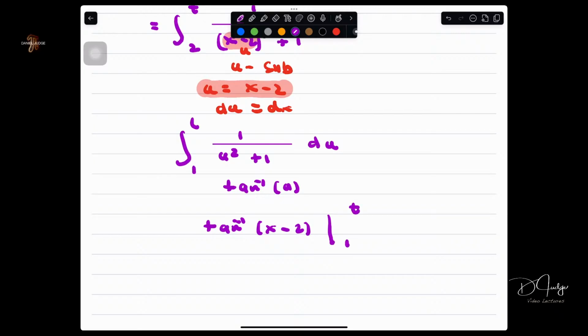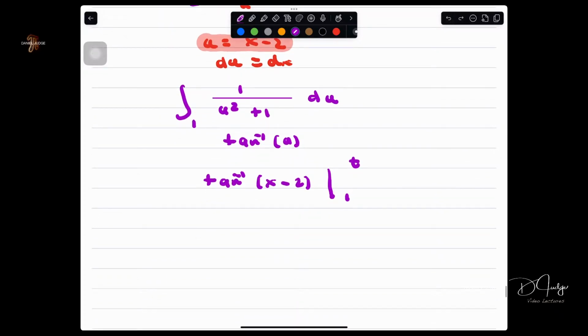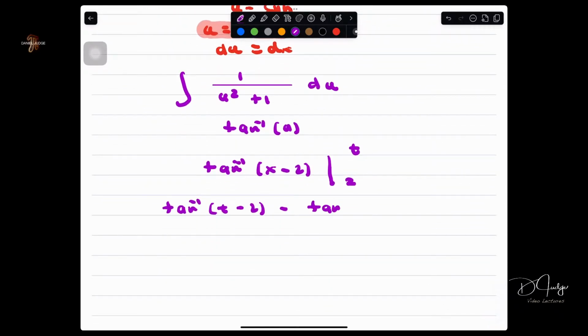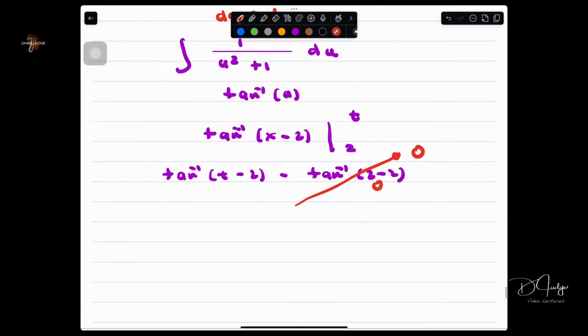We get inverse tangent of t minus 2, minus inverse tangent of 2 minus 2, which is 0, and inverse tangent of 0 is 0 here.